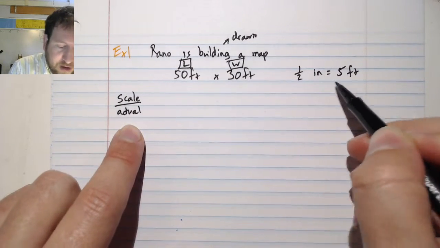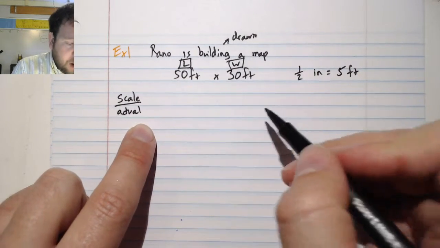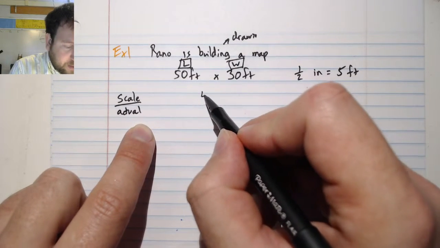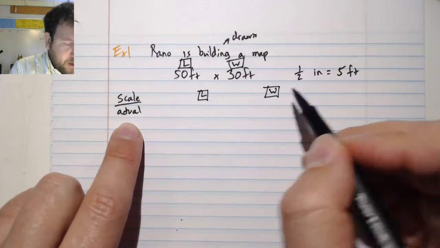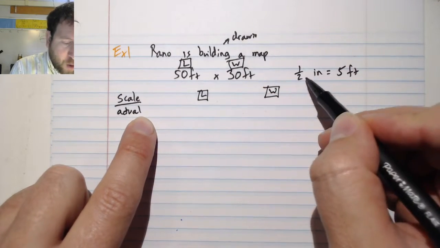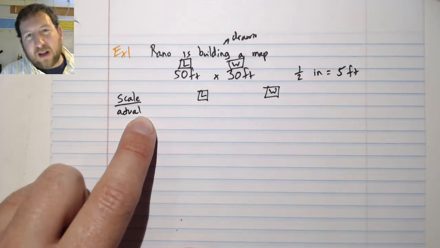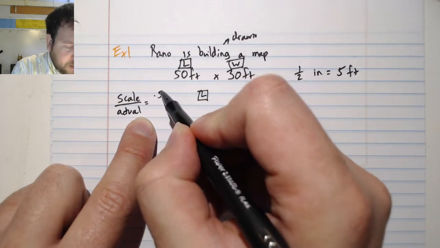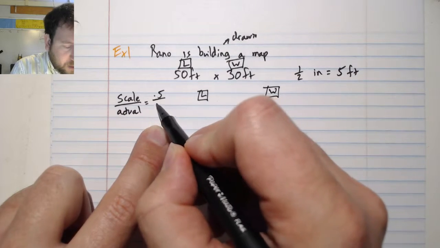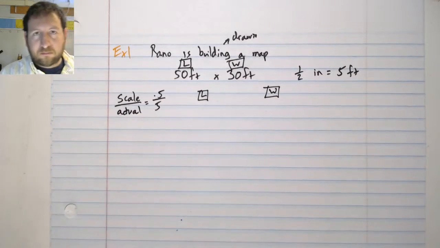So I'm going to write this as a proportion for two things, for my length and for my width. Okay, so my scale factor is 1/2, and I like to work in decimals. It's much easier in this case. So I'm going to write it as 0.5 over 5. Make sense?